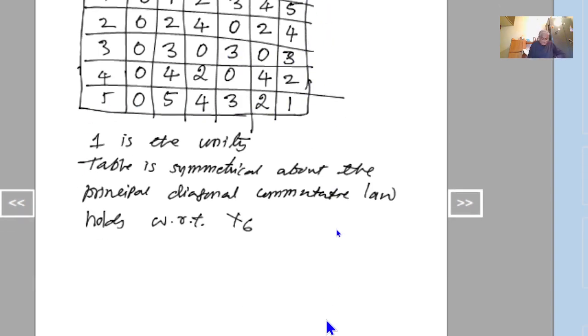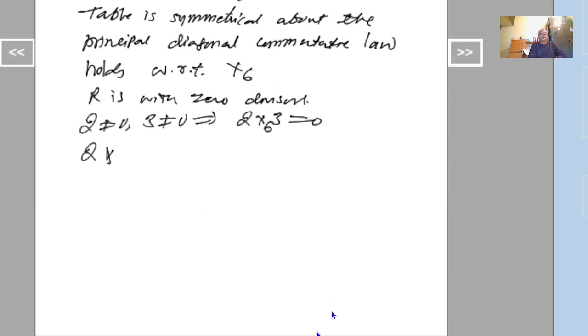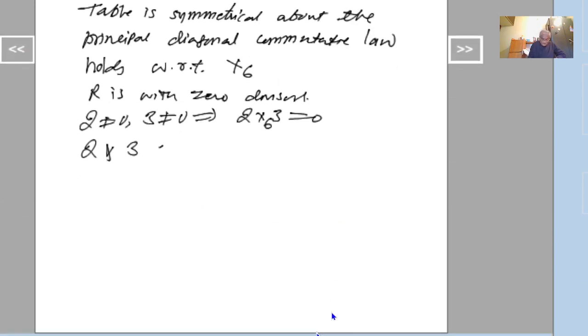And here, this R is with 0 divisors. That is, here 2 not equal to 0, 3 not equal to 0, but here 2 into 3 is equal to 0. That is, 2 and 3 are 0 divisors.